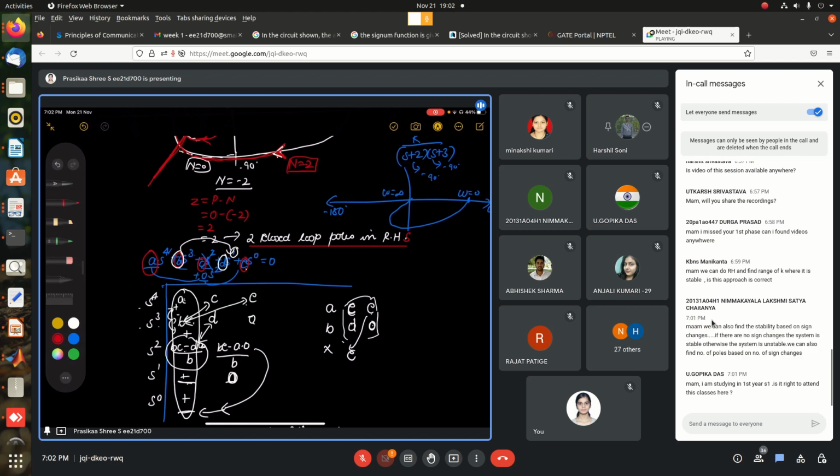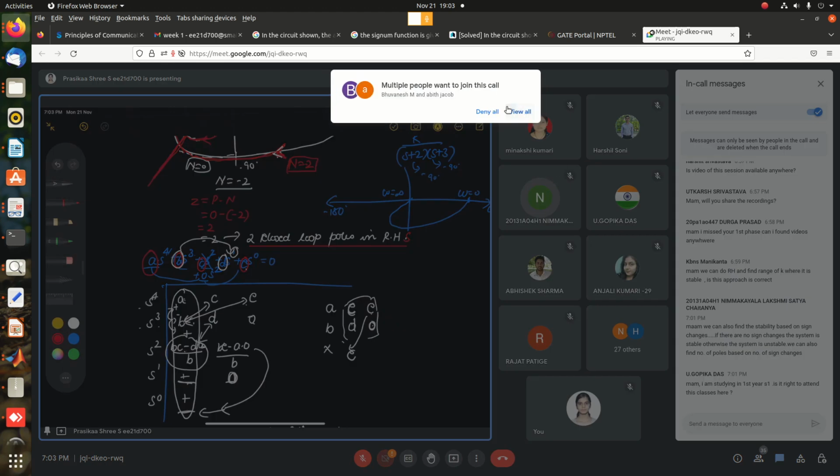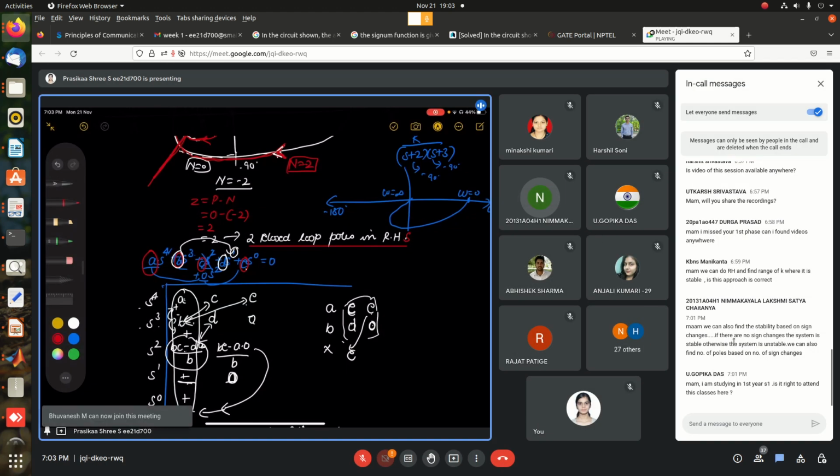See, that's one way, but here they have given only the open loop transfer function. So out of that, you can't say how many closed loop poles are present. That can't be said.